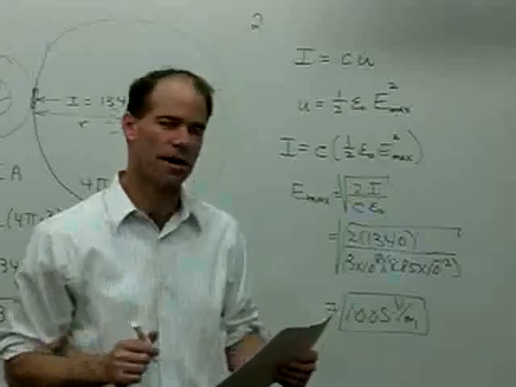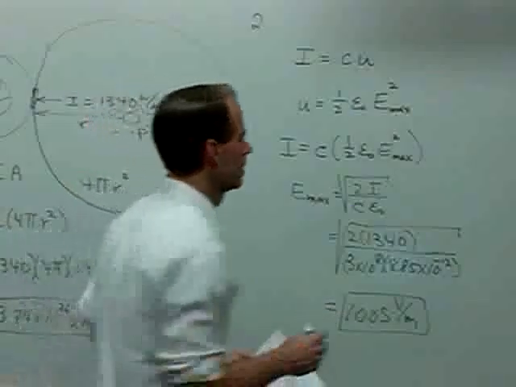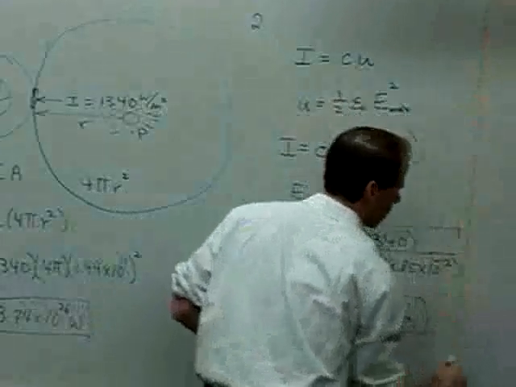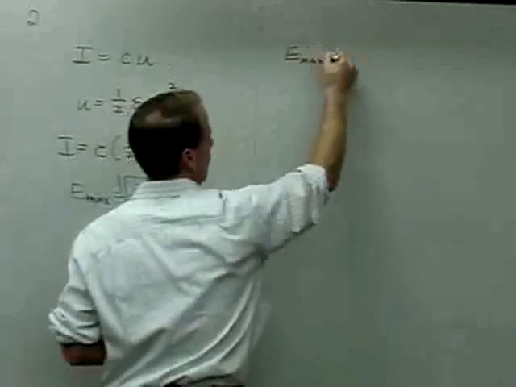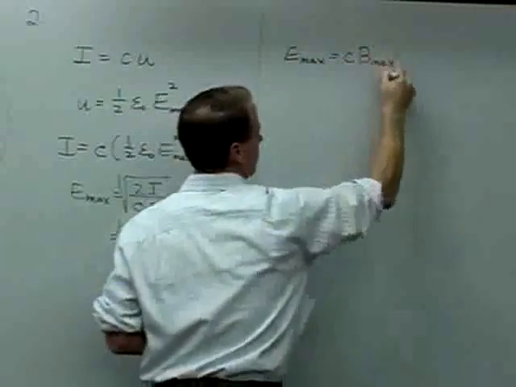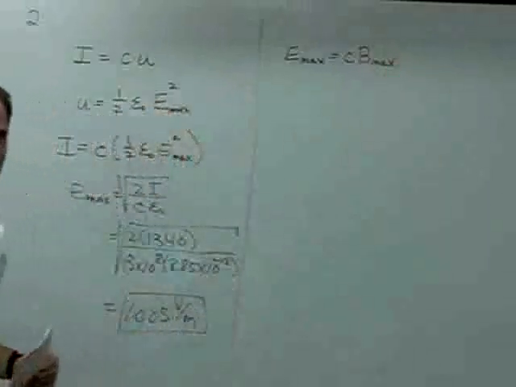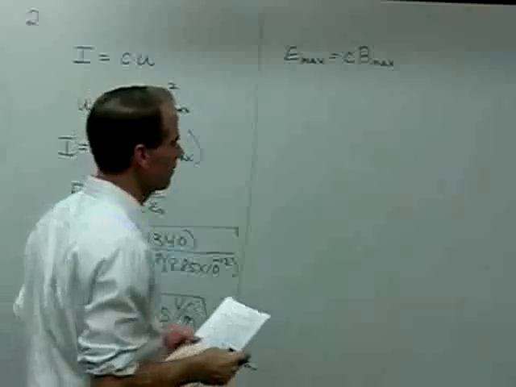We want to also find the maximum magnetic field, and the maximum electric field relates to the maximum magnetic field, again by the speed of light. Or the E field equals the speed of light times the magnetic field.